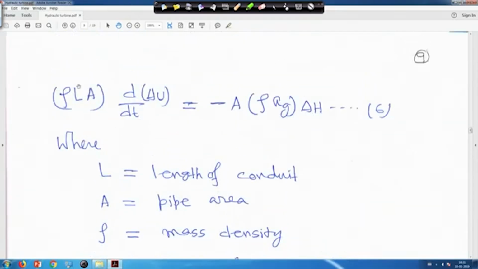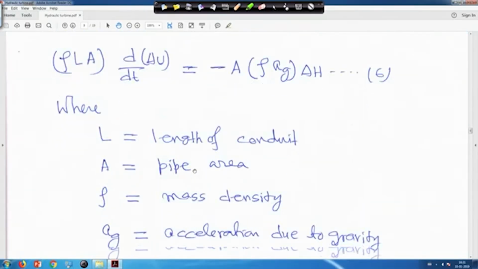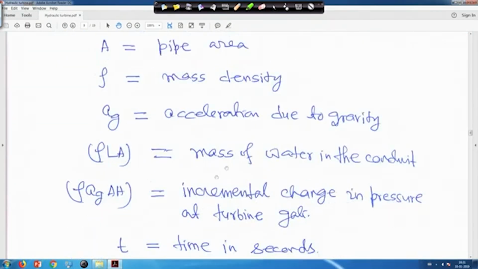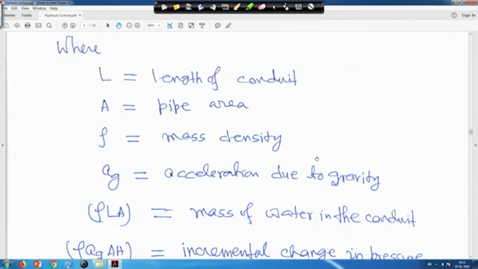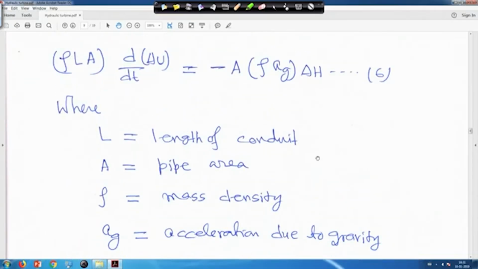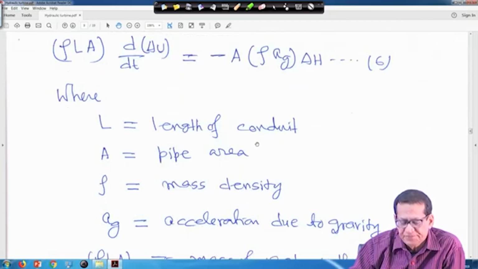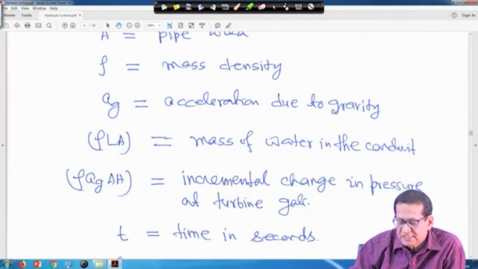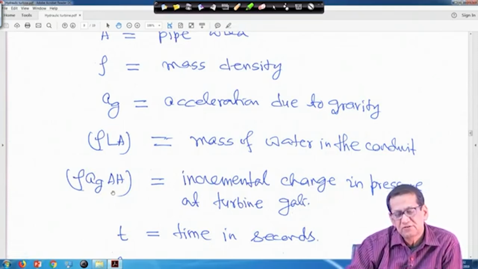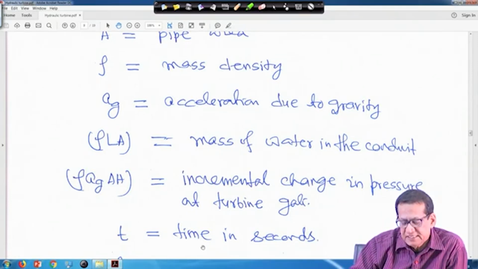Therefore, rho into L into A is equal to the mass of water in the conduit, and this side rho Ag delta H is the incremental change in pressure at the turbine gate, and T is time in seconds.